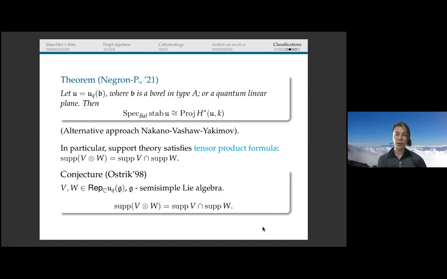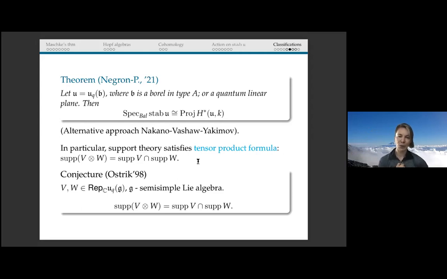But it turns out that very often, even though you define support via cohomology, which doesn't remember the tensor structure, the support satisfies what's called the tensor product property, that the support of the tensor product of two objects is the intersection of supports. This is known in various cases, like finite group schemes, for example. Usually it's difficult to prove because, again, it's sort of unnatural for the way we define support. It's an open question.